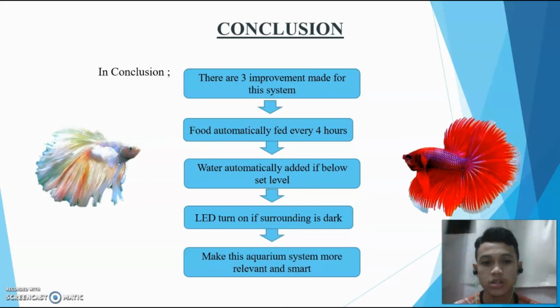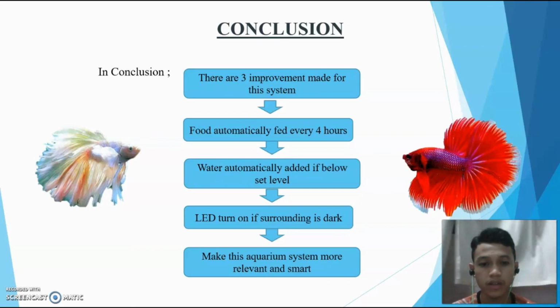The first is that food will automatically be fed to fish every 4 hours. The second is that water will automatically be added if below the set level. The last is that the LED will turn on if the surrounding is dark. With these three improvements, this makes the aquarium system more relevant and smart.